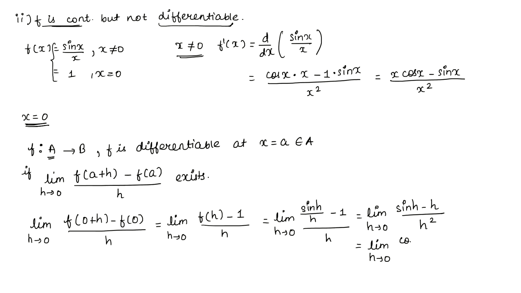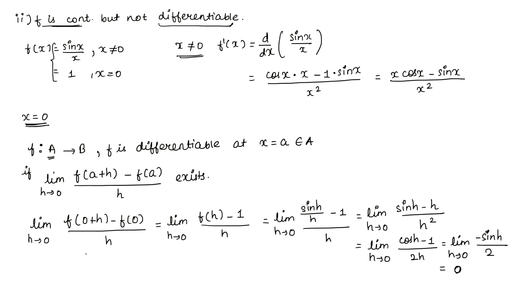So this is cos h minus 1 by 2h. Again on substituting 0, it is in 0 by 0 form. So we will apply L'Hopital rule again, and this is limit h tends to 0, differentiation of cos h is minus sin h divided by 2. So now on substituting 0, it will be minus 0 by 2, which is equal to 0.